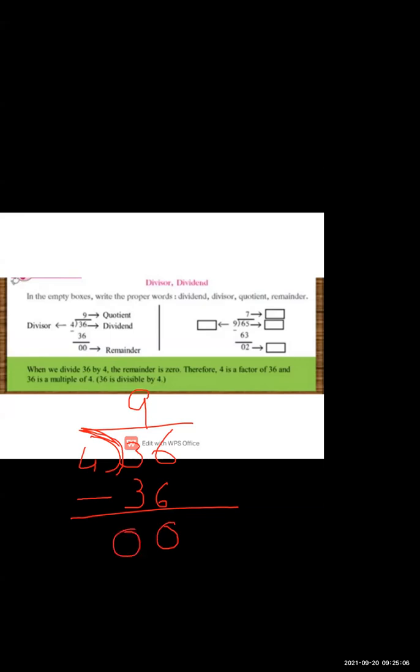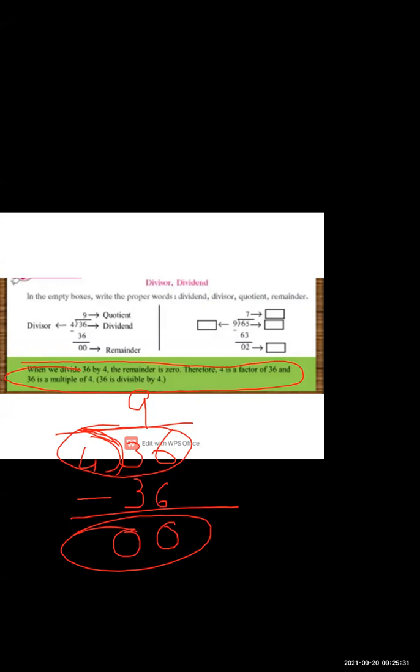So when we divide 36 by 4, see here it is given, the remainder is 0. When we have divided this number, the remainder is 0.